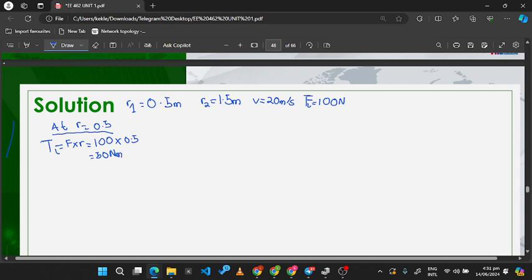That's our load torque. Then the speed: omega is V over R, which is 20 over 0.5, which is 40 radians per second.